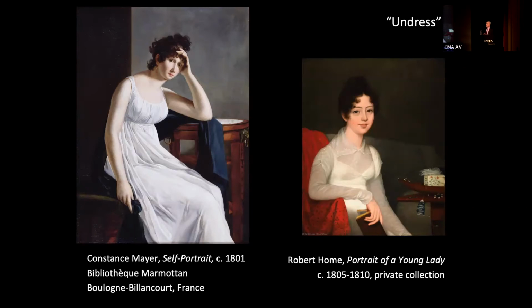And these white fabrics, especially this magical fabric muslin, which is a cotton material that was very light, could be very sheer, could be very diaphanous, which is so characteristic of the era and usually in white for a variety of reasons.